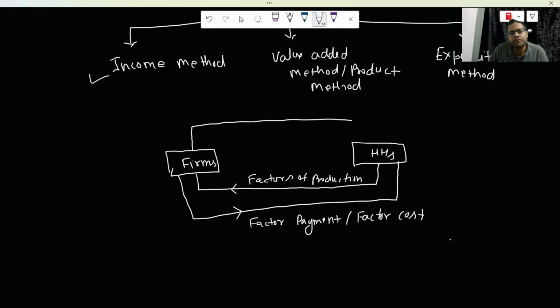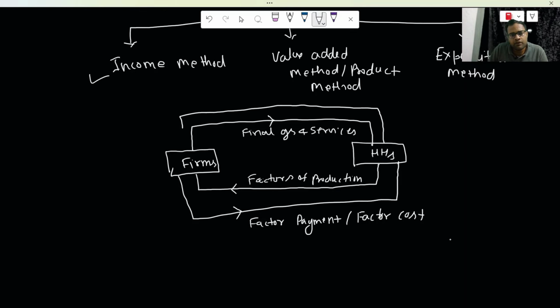Firm produces goods and services that are consumed by the household. Final goods and services which were consumed by the household. In order to consume those goods and services, households give their money. So their expenditure is known as the private final consumption expenditure.